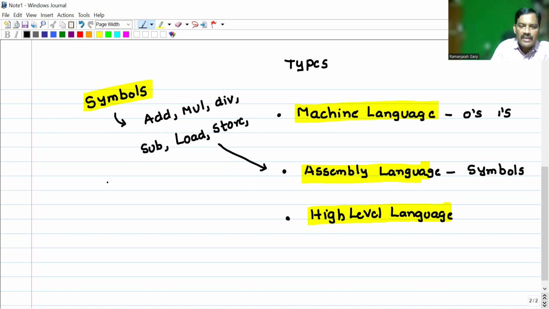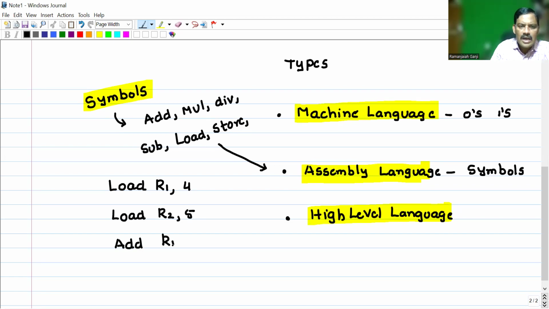For example, if I write a program like this: load R1, 4; load R2, 5; add R1, R2. Here R is nothing but a register.